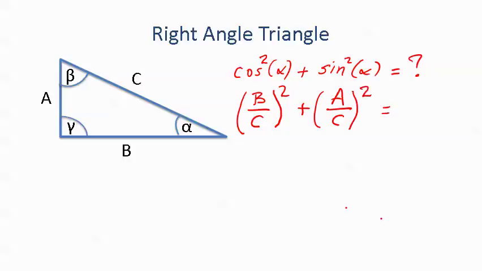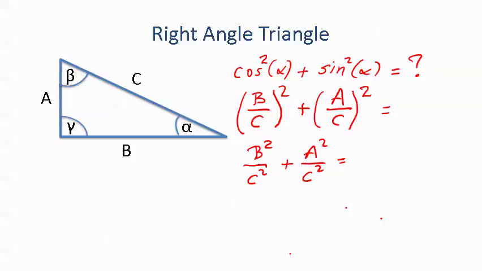So now I'm going to write it as b squared divided over c squared plus a squared divided over c squared. What do you observe here? We observe that we need to add two fractions. In order to add these fractions they must have the same denominator.